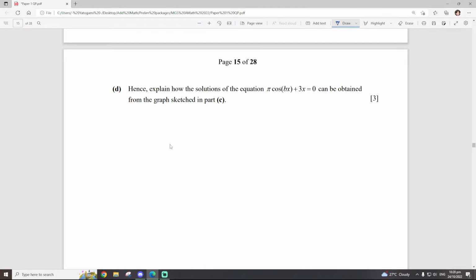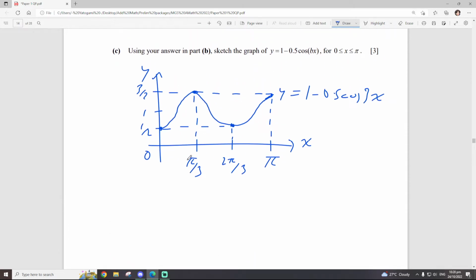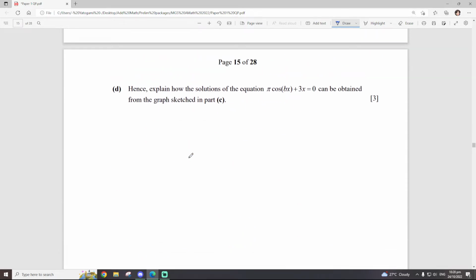So y equals 1 minus 0.5 cosine 3x. And pi cosine 3x, plus 3x equals 0. What we're going to do is try to get the equation here.